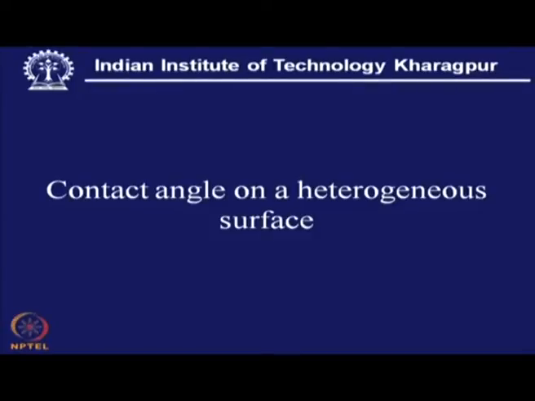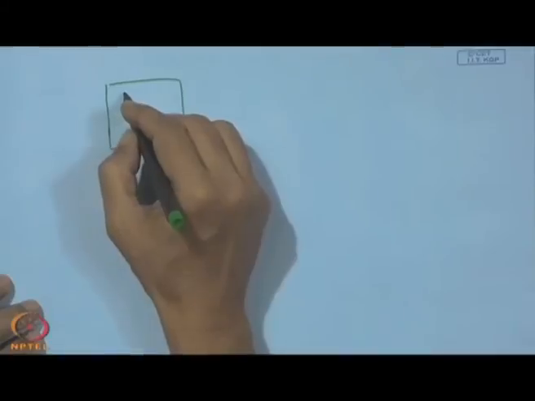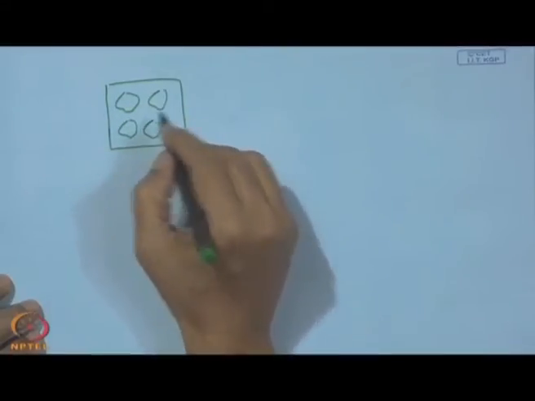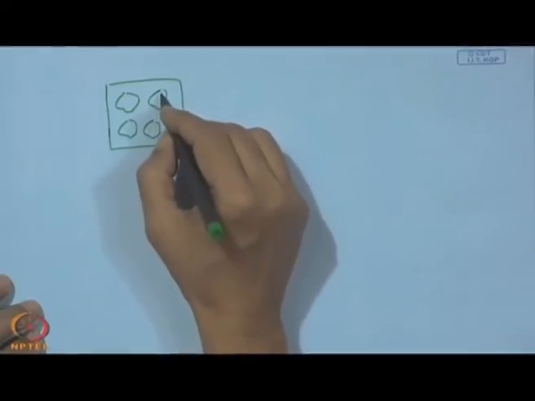Now, contact angle on a heterogeneous surface. So far what we have discussed is the contact angle on a homogeneous surface, but the surface may also have two phases. Say if we consider this as the unit area, there we can have two phases, and this is just like a dispersion in a matrix.